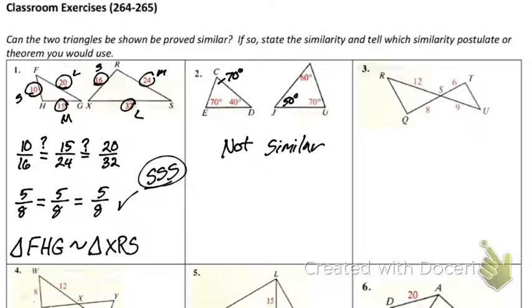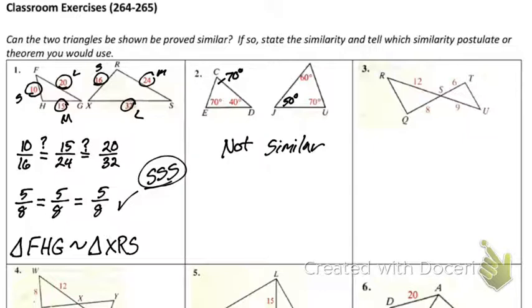Remember, to be similar, all three of the angles have to be the same. We have a 70, but that 70 doesn't match up with that 50, and that 40 doesn't match up with that 60. So it is not similar, because all angles of similar shapes have to be the exact same.